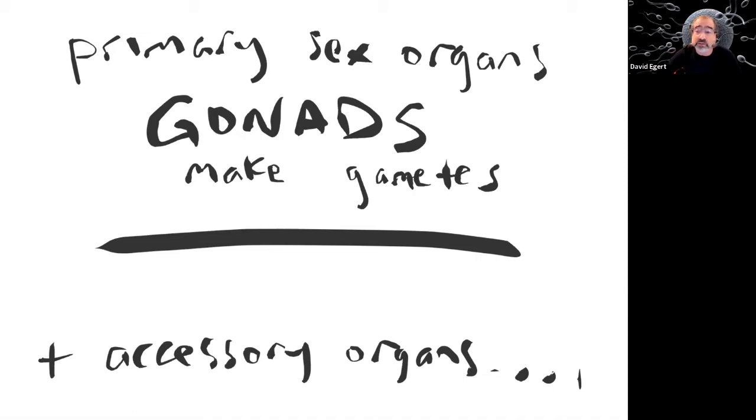In the woman, there's the uterus to help nurture and develop the little fetus. In the guy, there are going to be all these glands to mix with the sperm to make the semen to squirt out of the penis and all of that. But that's all going to be the accessory organs. The real core of sexual reproduction is in the gonads, making the gametes.